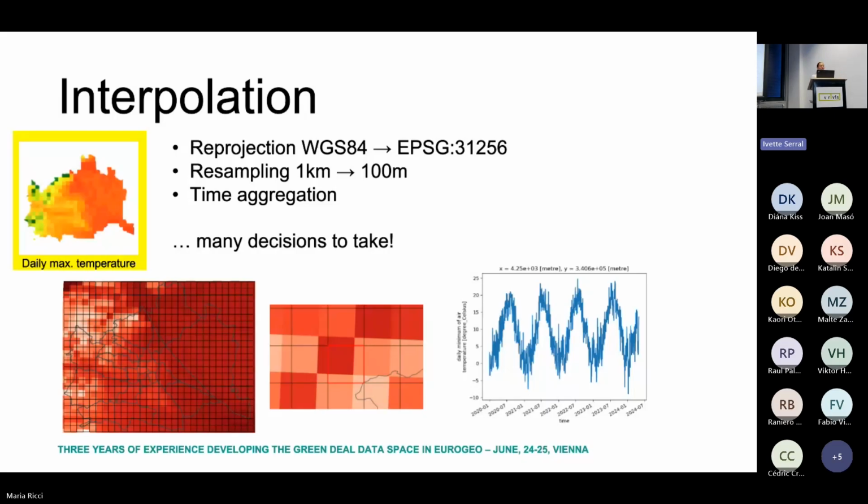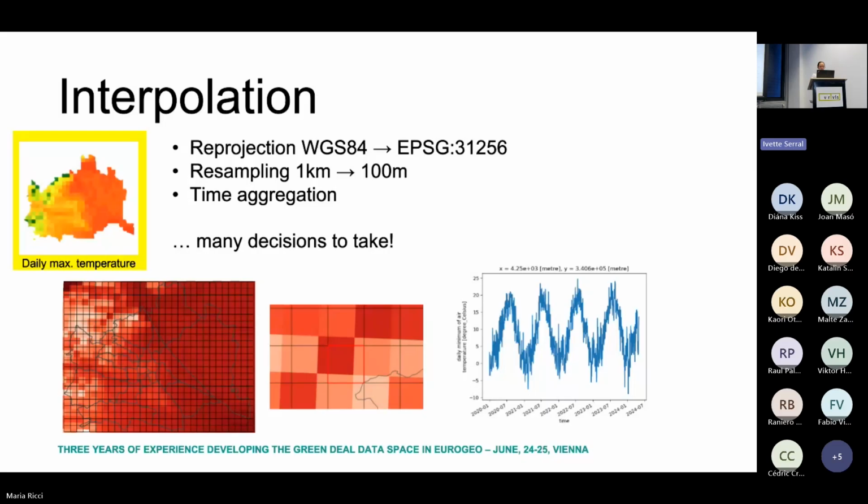And so you realize that even if the transformation steps seem simple, they actually pack so much information and so many decisions to take. And the question is, how do you record all these steps to be reproducible? Because we are actually producing new data with this simple transformation.